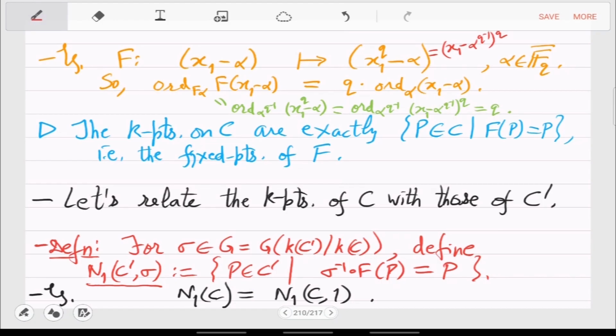So alpha is in Fq bar. Yeah, every constant in Fq bar has all possible Frobenius actions, including q inverse. Right? Just think of p inverse on Fp.